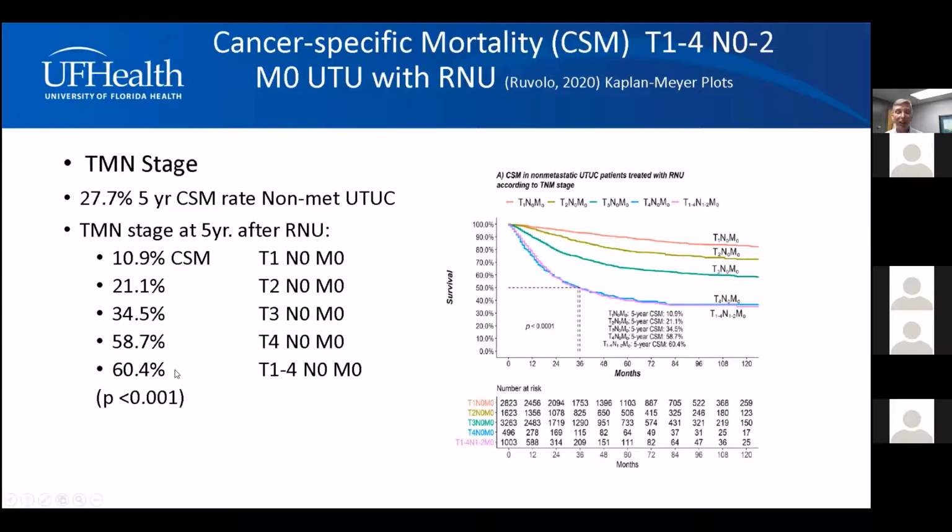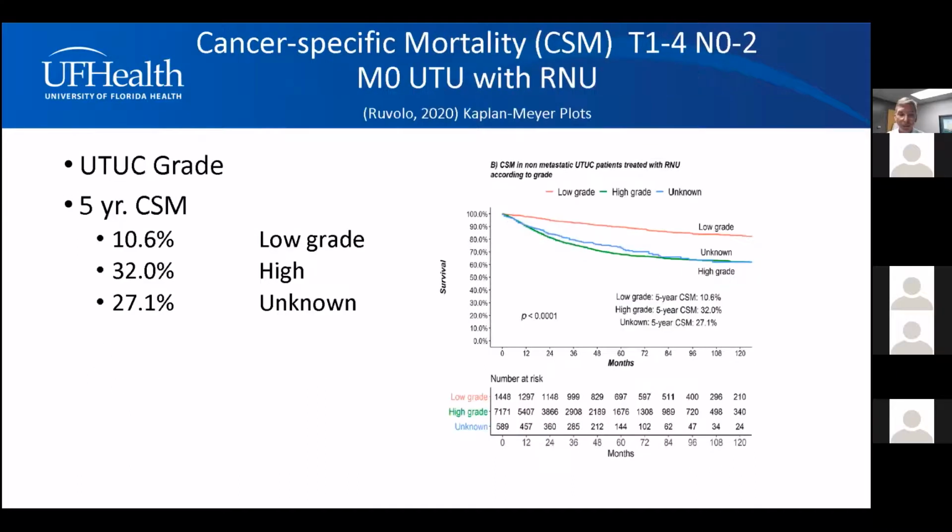And that's significant. So you see 58% 5-year cancer-specific mortality. By grade, 5-year cancer-specific mortality was highest in high grade. Unknowns are likely, no, this is from the SEER database, so this is likely high grades also, but 30%.